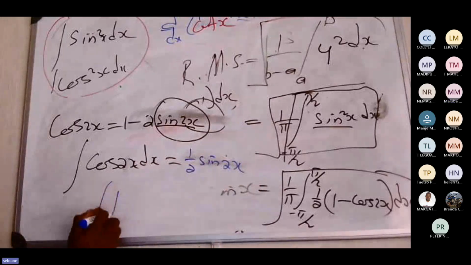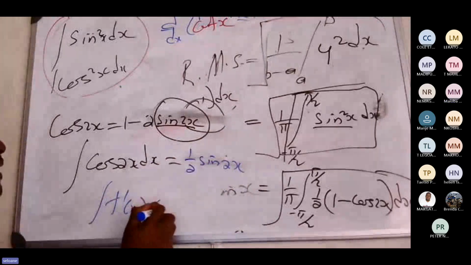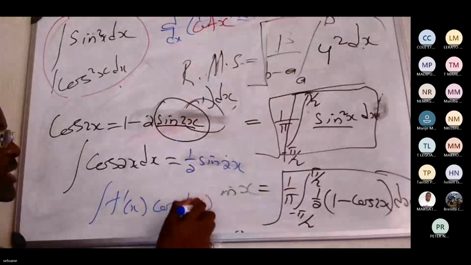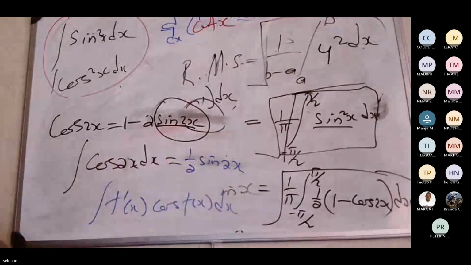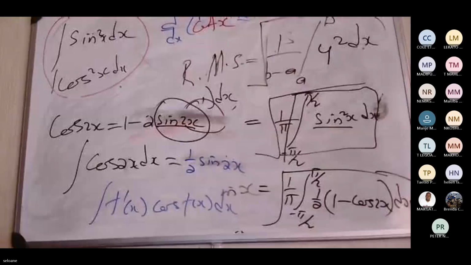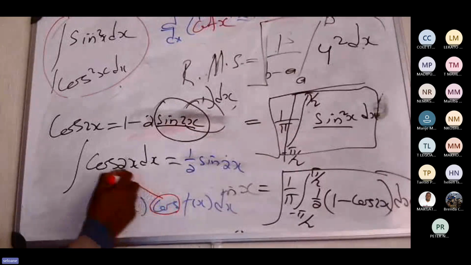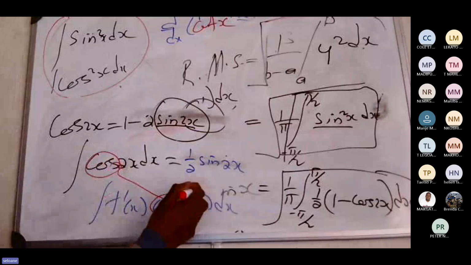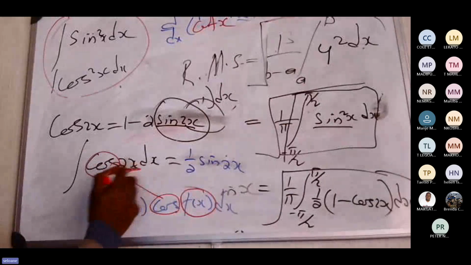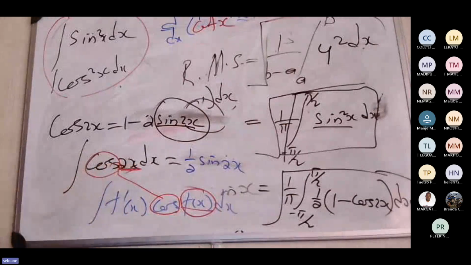Because we are now using this formula. This is cos, and your f is 2x.